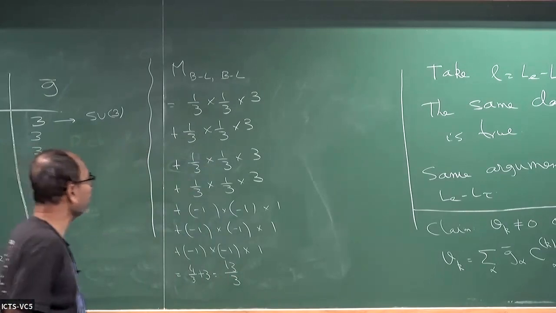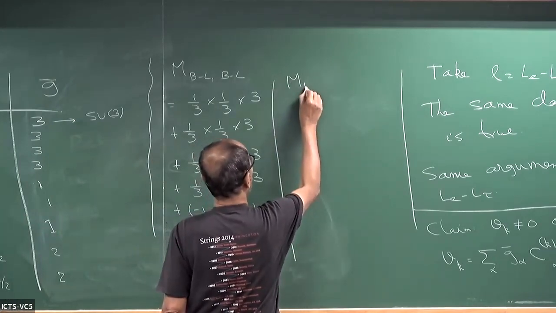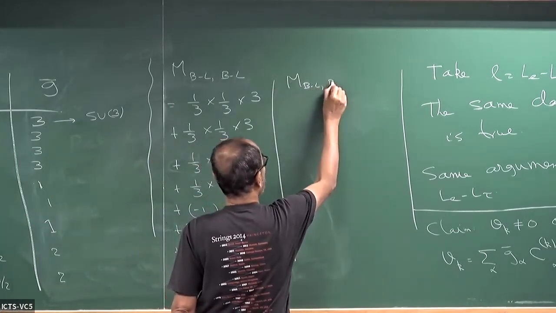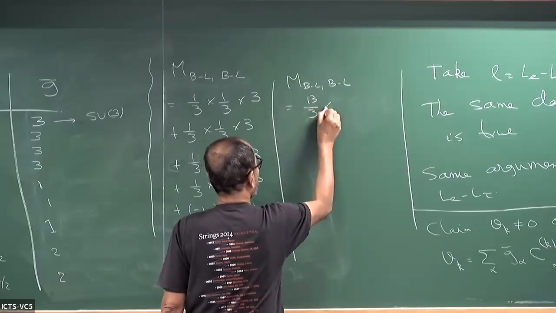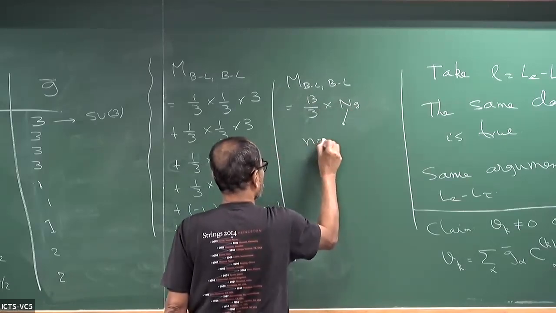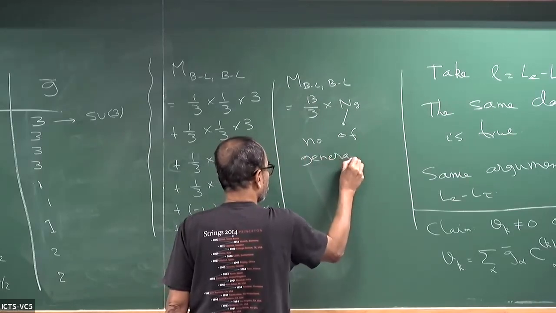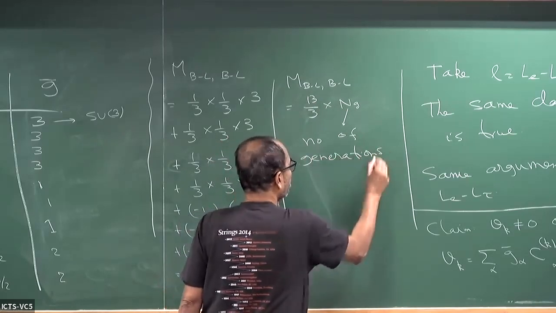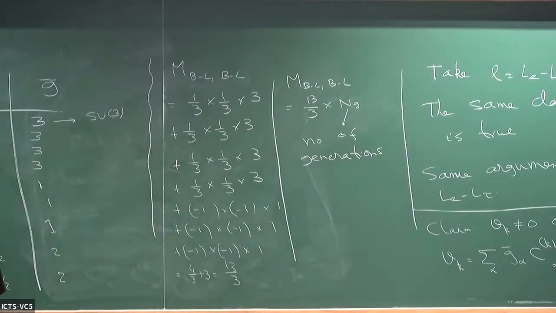So the actual formula, M B minus L B minus L, is 13/3 times Ng, where this is the number of generations. Is this clear?